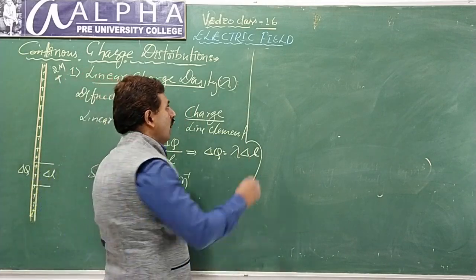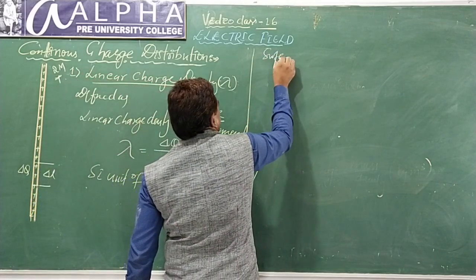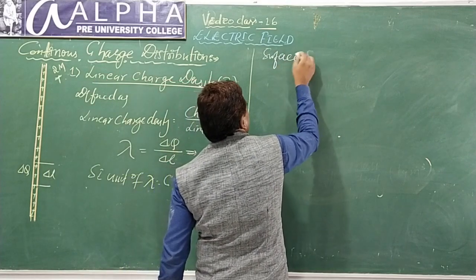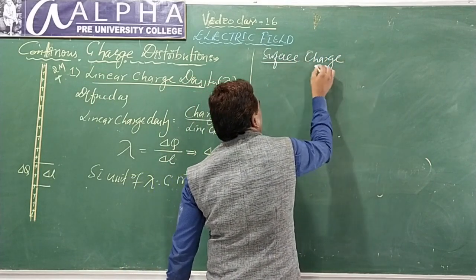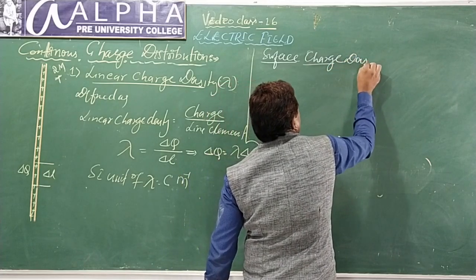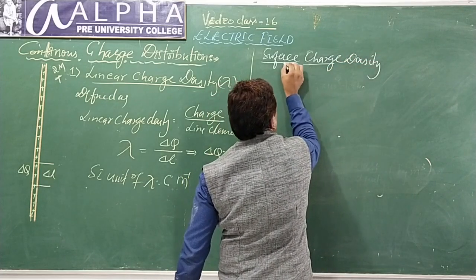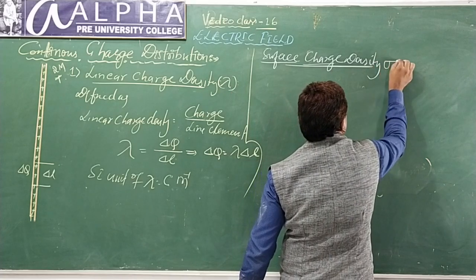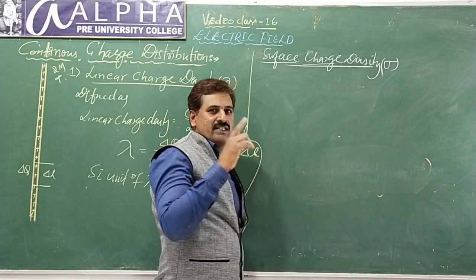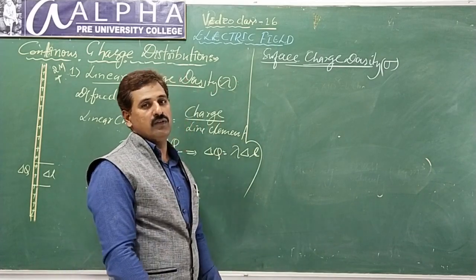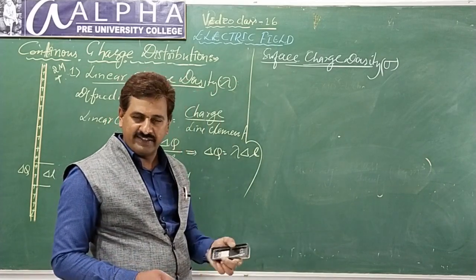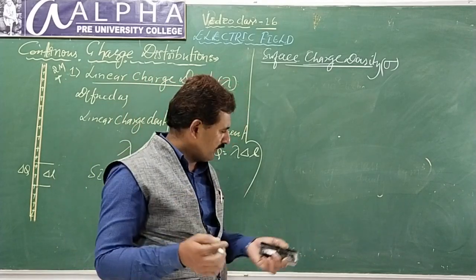Why surface charge density? You can easily answer this question. Because quite often we see the distribution of charge on a surface, denoted by sigma. What is sigma? Surface charge density. Why do we define a term like this? Because quite often we see distribution of charge over a surface.